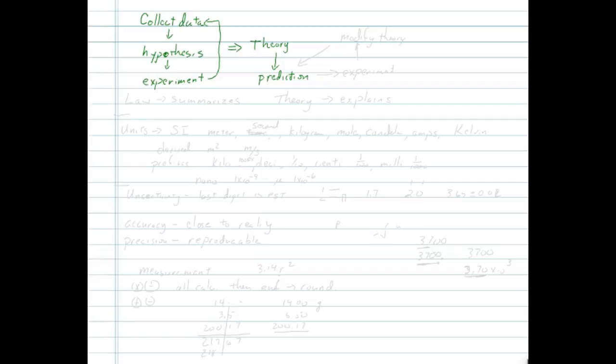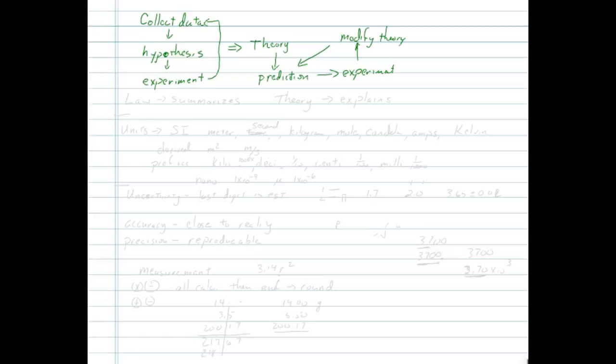That prediction leads to another experiment, which you might need to modify the theory, which would lead to a new prediction, and then that goes around and around and around. The concept is pretty much the same. This is dealing with one specific situation. The theory is more generalized.